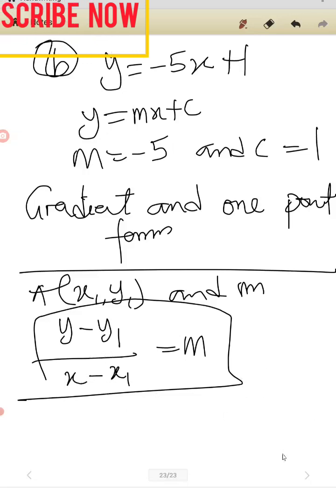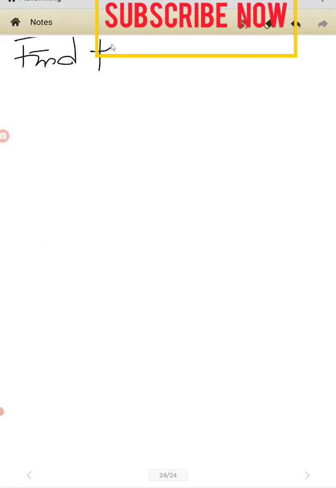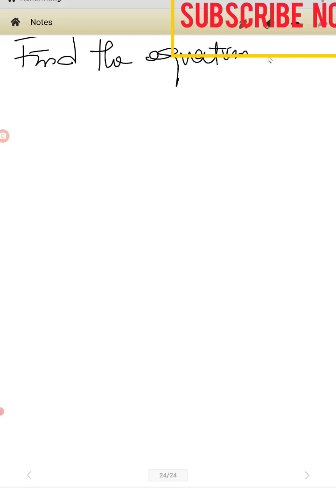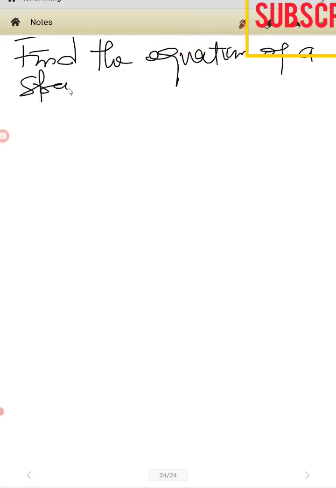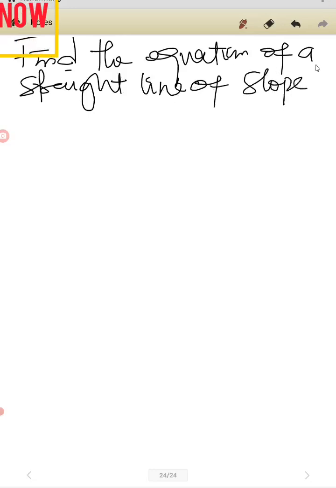Let's have a little illustration or an example. Maybe somebody says: find the equation of a straight line of slope 2.